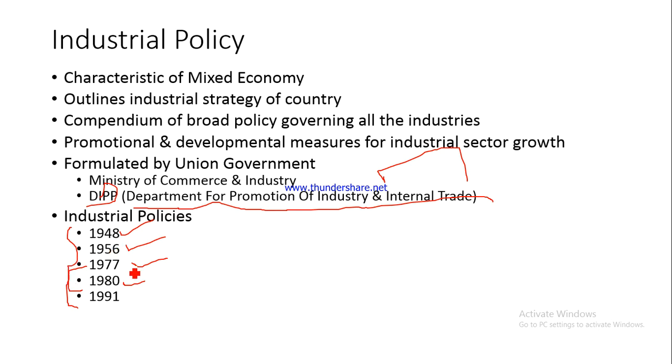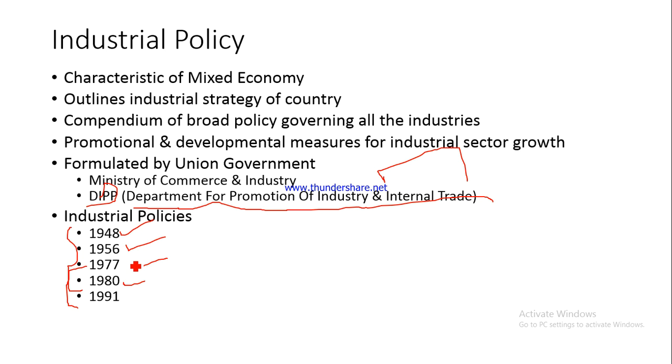The reason why in 1977 we had another version of the industrial policy, the third version, was that there was a change in the government at the center. Till then it was only the Congress government which had ruled the country, but this was the first time a non-Congress government was ruling at the center, with Mr. Morarji Desai as the Prime Minister, leading the Janata Party government.